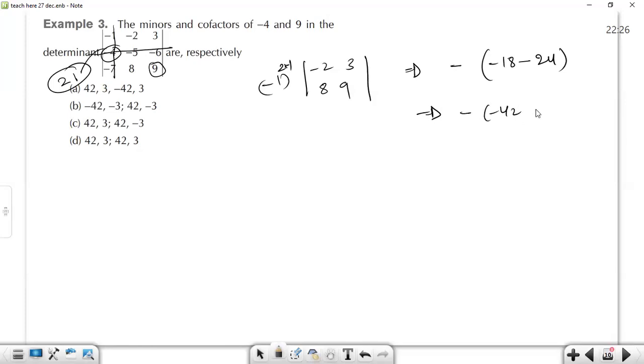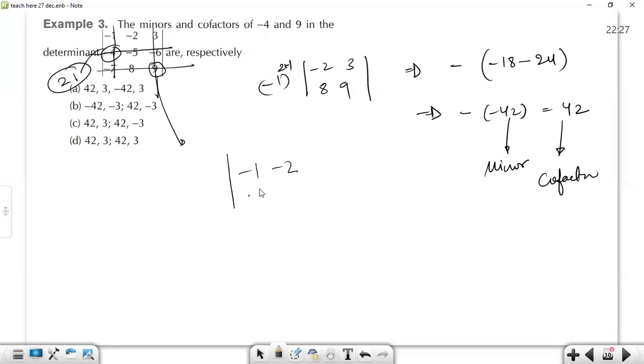Minus into minus 42 becomes plus 42. So the minor of minus 4 is definitely minus 42, and this is the cofactor, sorry, this is the cofactor and the minor is this. Now let's find the minor of 9, excluding its row and column.